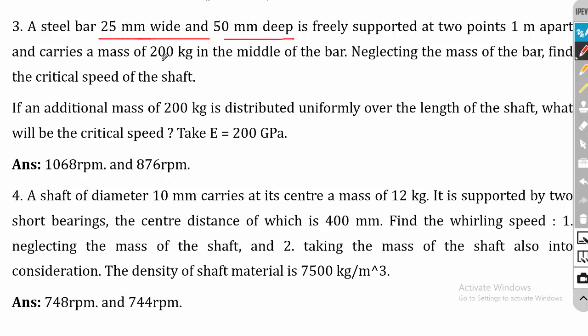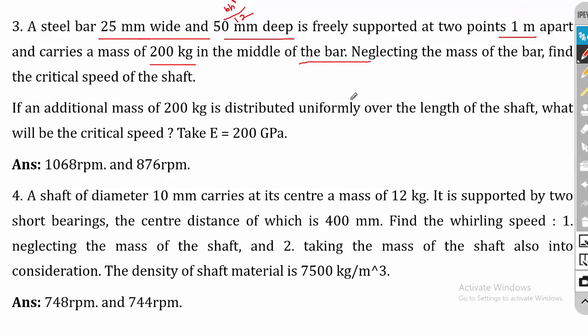It's a rectangular cross section, and we know that the moment of inertia for a rectangular cross section is BH cube divided by 12. So it's not pi by 64 d power 4, it is BH cube divided by 12. It is freely supported at 2 points 1 meter apart. So the length of the shaft is 1 meter and it carries a mass of 200 kg in the middle of the bar. Neglecting the mass of the bar, find the critical speed.